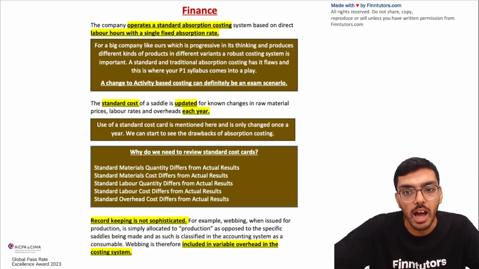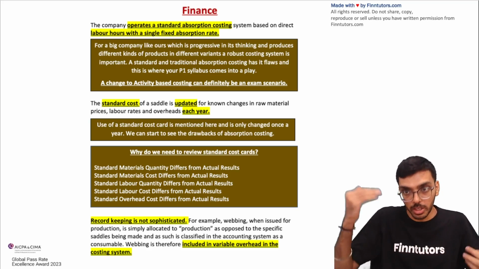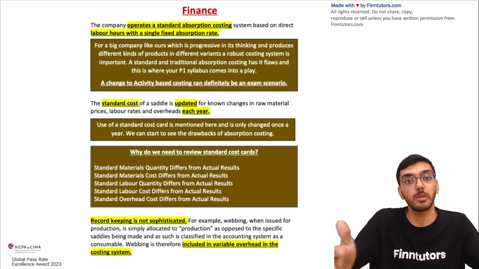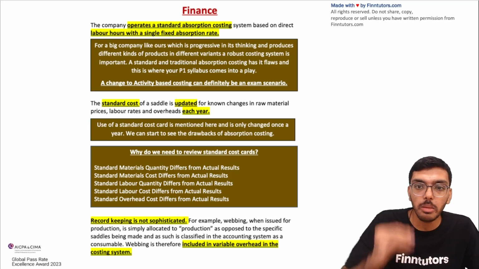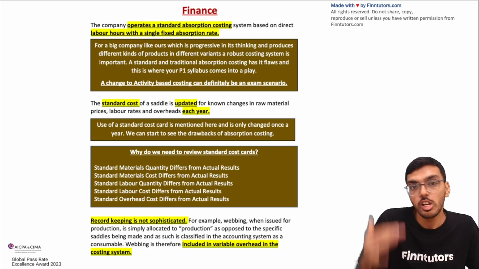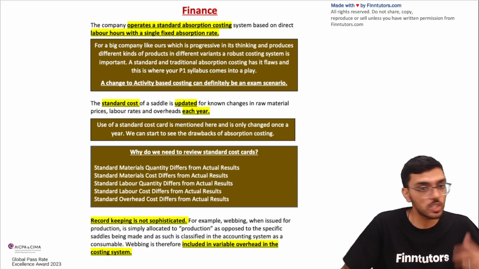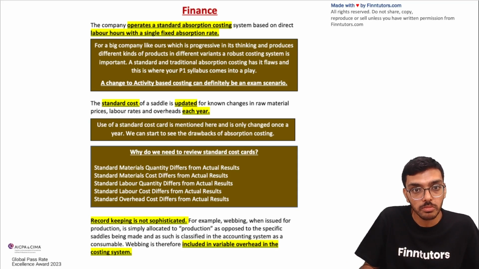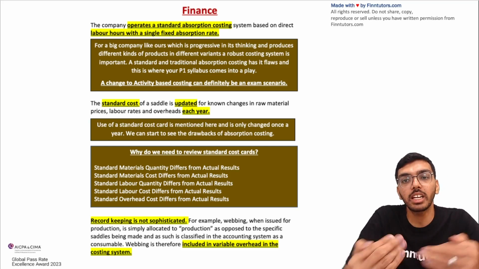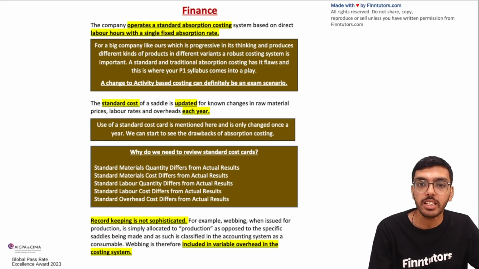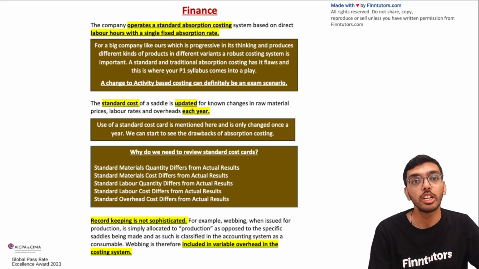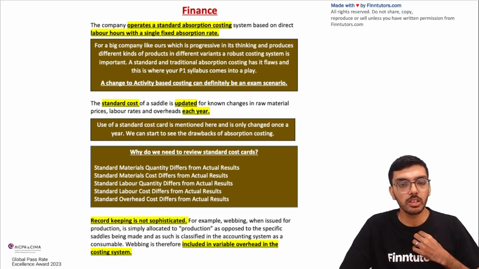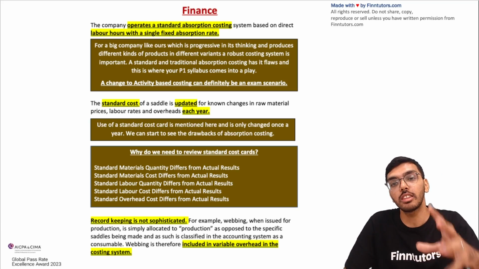Okay, till now standard costing was good, but John, the managing director, agrees that the business needs innovation. So if the manufacturing technique of the business changes, then naturally the costing system should also change. A move to activity-based costing can be an exact exam scenario which we are sure will come up in one of the variants in the exam.